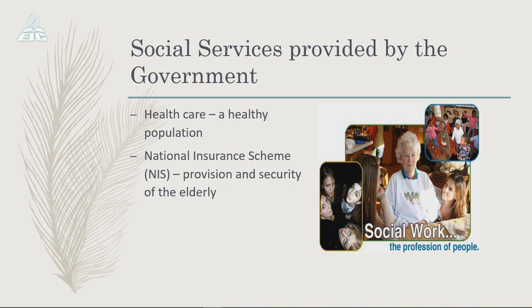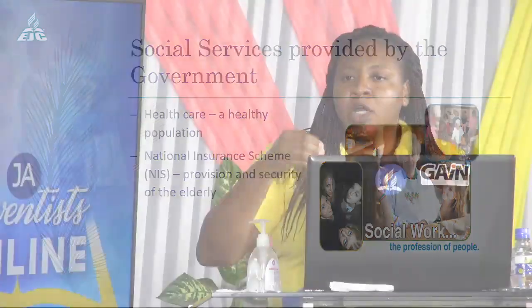So, of course, when Jane's mother reaches a certain age and she retires, she's not working at the time, so she would not have an income. Now, this is where, notice we were paying taxes in our younger days while we were working, good? Now, when she retires, the government is able to take care of her through the National Insurance Scheme.